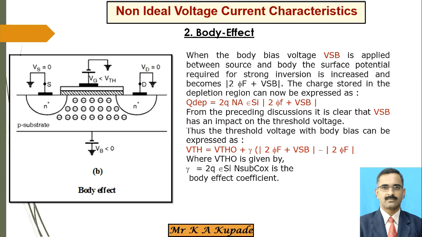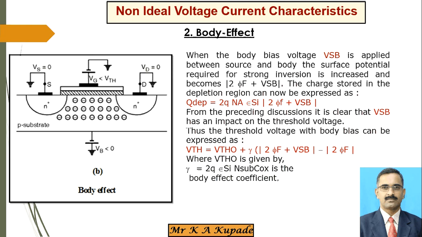Whatever the charge equation is, it is given here. From the preceding discussion, it is clear that VSB has an impact on the threshold voltage. As you increase VSB, it affects the threshold voltage, and that is called the body effect.